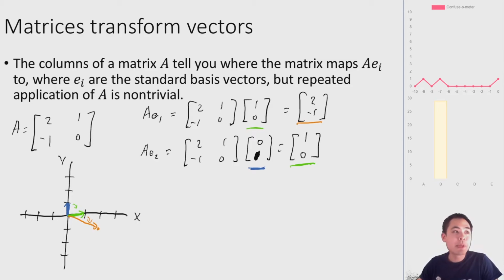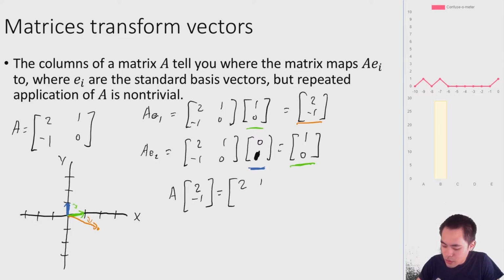But what happens when we repeatedly apply this? Let's just apply it again. We want A times [2, -1], which is [2, 1; -1, 0] times [2, -1].